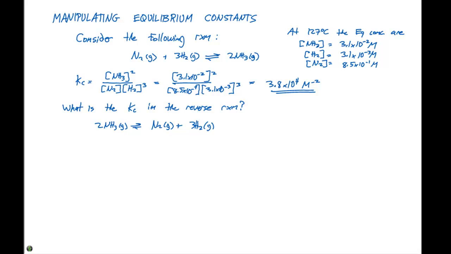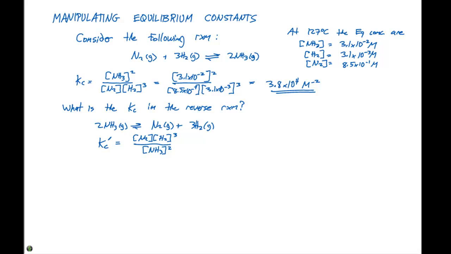So this Kc expression, we're going to call Kc prime for the reverse reaction, is going to be the concentration of N2 times the concentration of H2 to the third power divided by the concentration of NH3, that quantity squared.